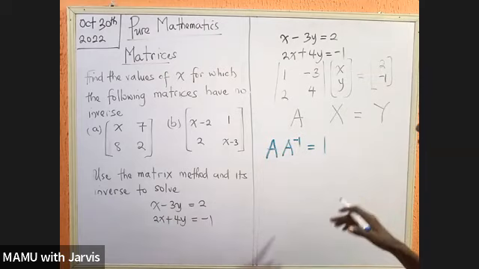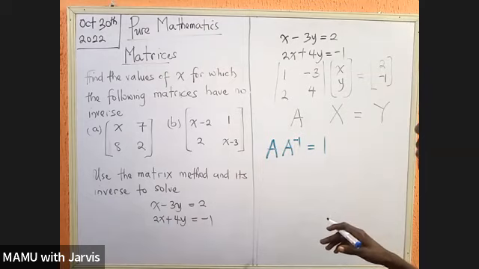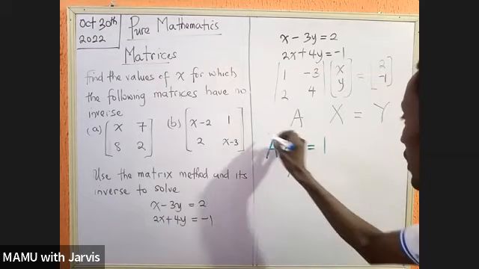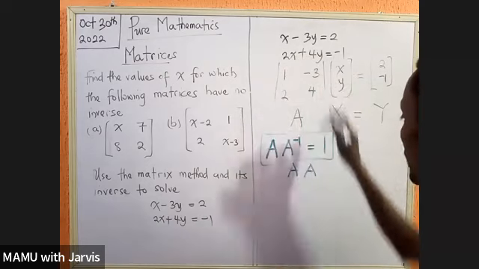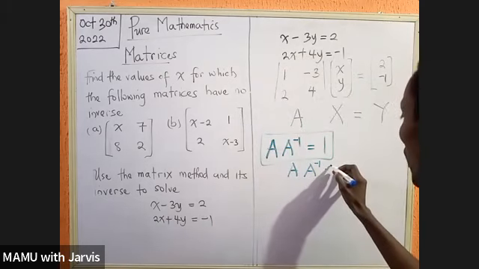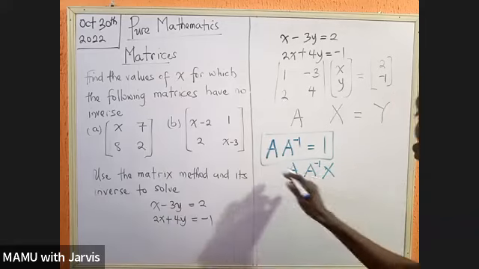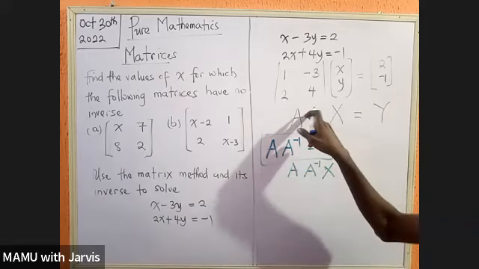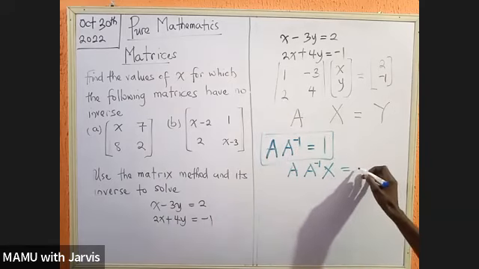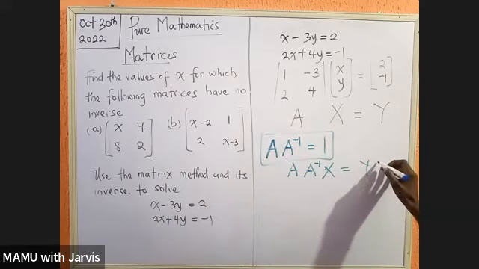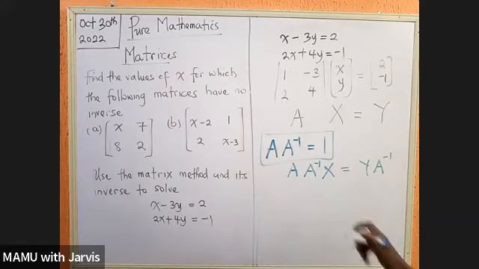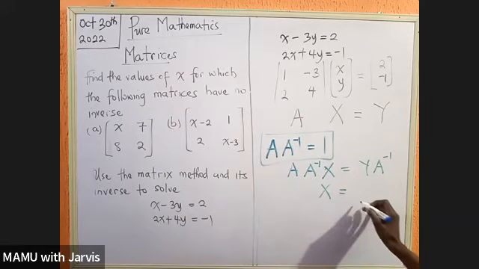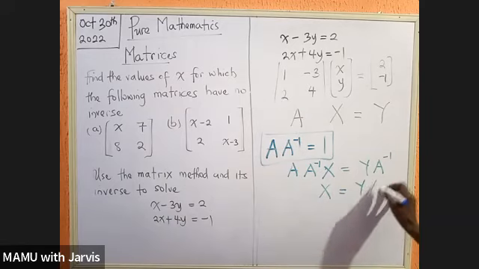So if I apply that knowledge here, it will mean that A, which is this matrix here, times the inverse of A, multiplied through by X, will be equal to Y times the inverse matrix of A. So what I'm going to have will be X equal to Y times the inverse matrix of A.